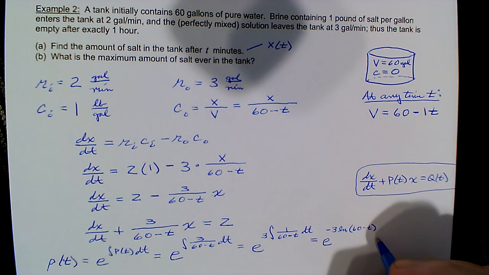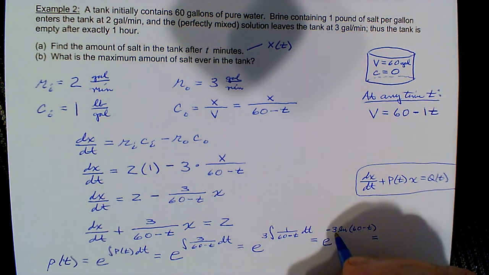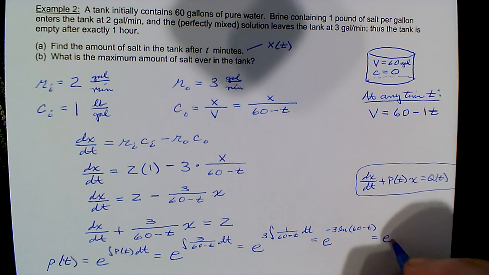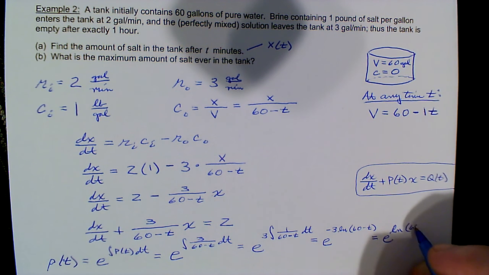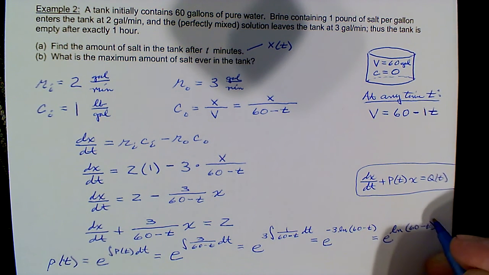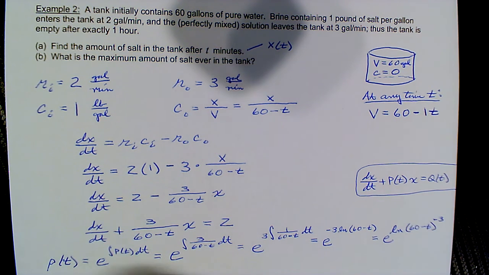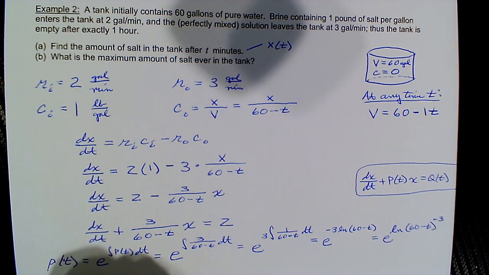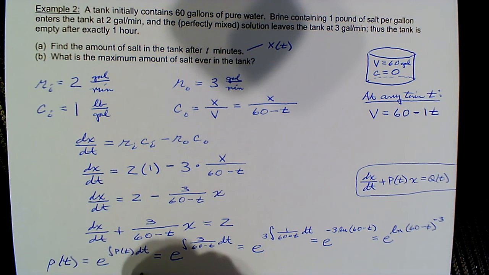And so then, taking the negative 3 to be the power, we have e to the natural log of 60 minus t to the negative 3rd. So therefore, rho of t is 60 minus t to the negative 3rd.